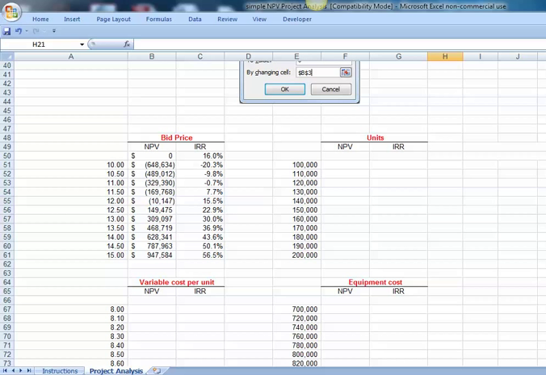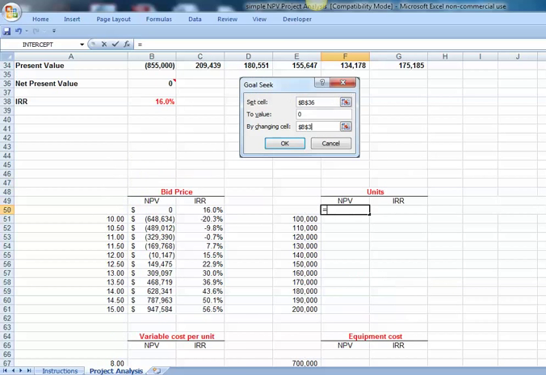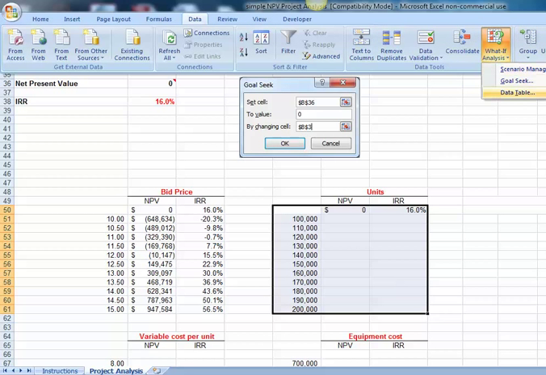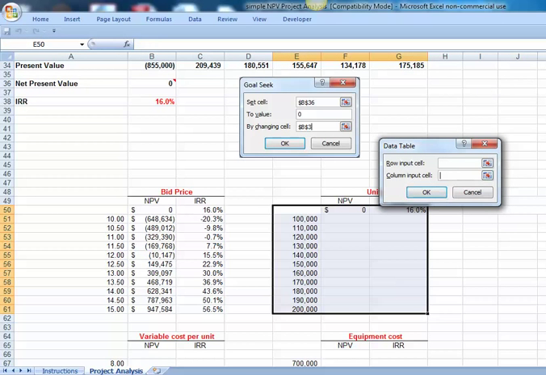Let's go ahead and look at the same thing. How would changing units, our number of units that we sold, impact our net present value and IRR? So equals, pick up that net present value cell, pick up the IRR cell, highlight those ranges, go up to data, what if, data table, and again, columns.